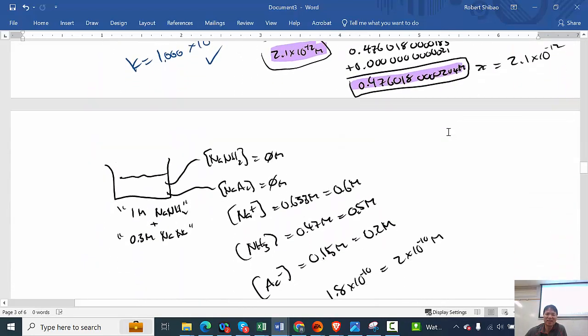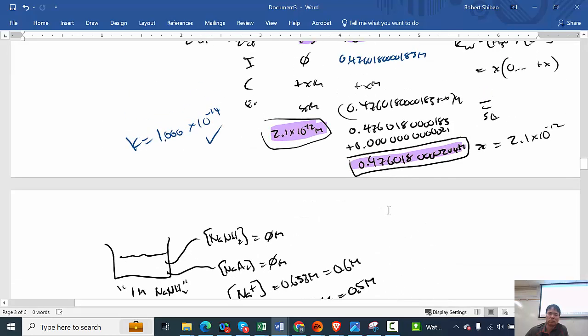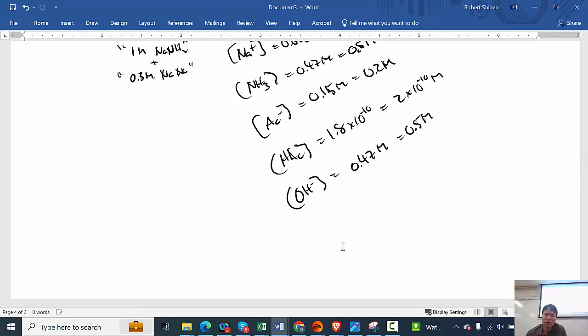The hydroxide is 0.47 molar. This is 0.5 molar. And the hydronium, 2 times 10 to the minus 12.